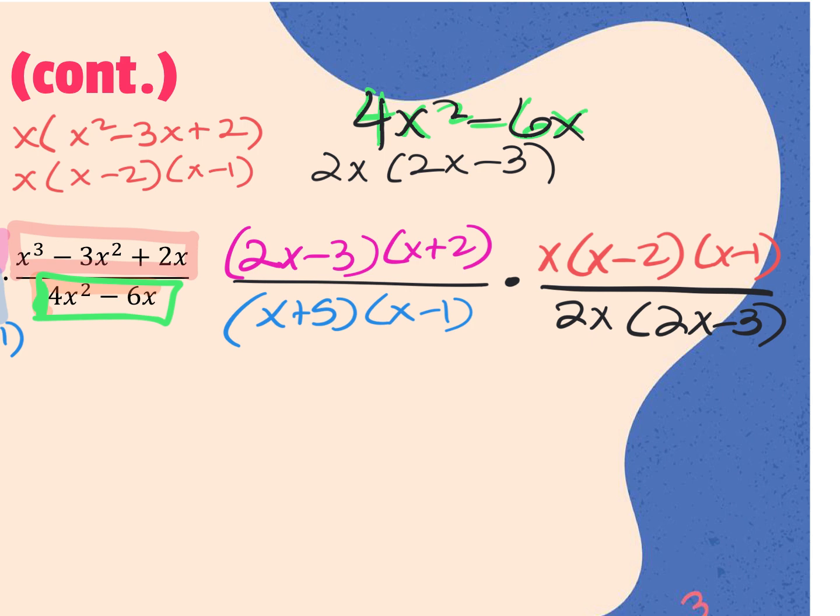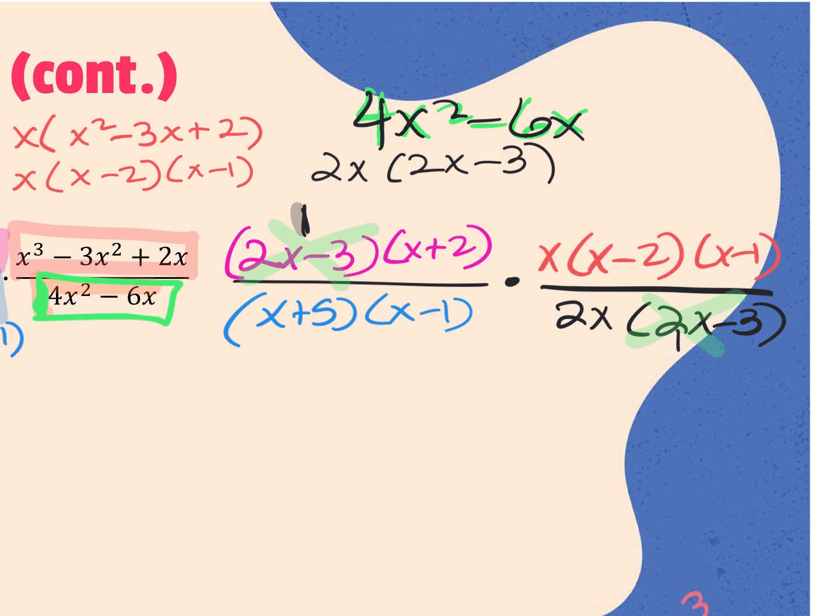So notice I've got a 2x minus 3 on the top and the bottom over here. So these are now gone. But again, remember what remains is going to be a 1. And then no x plus 2 to cancel. And then notice I could cancel the x.